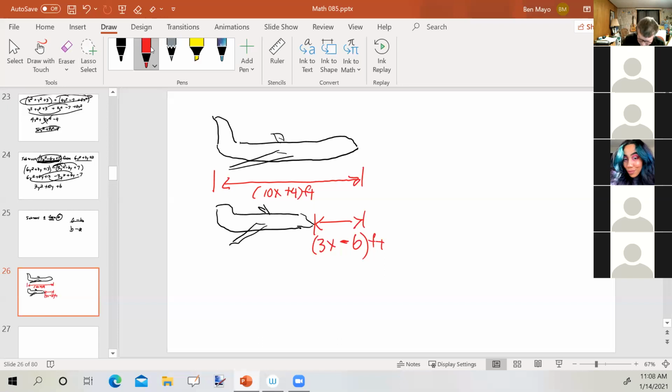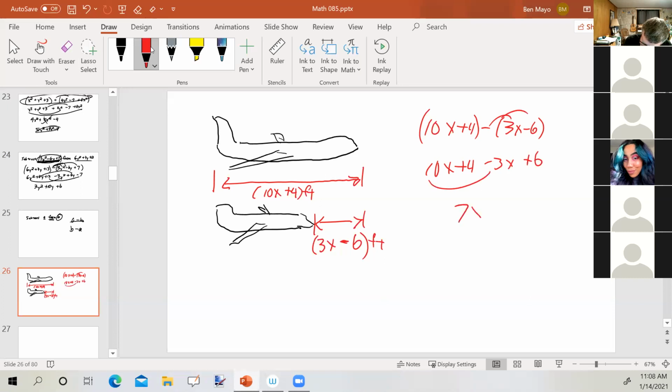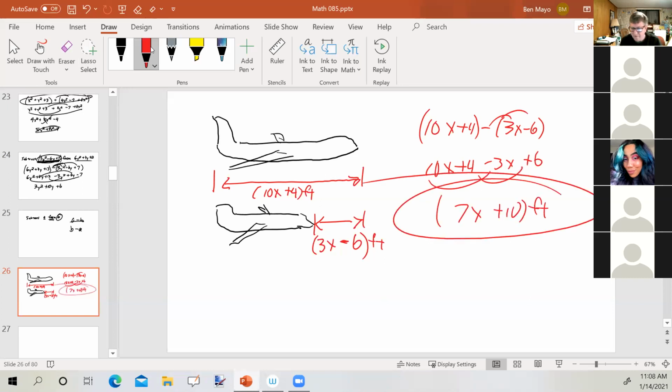So it's going to be 3x minus 6 from 10x plus 4. So 10x plus 4 minus 3x minus 6, like that. So that's going to be 10x plus 4 minus 3x plus 6, which is going to be 7x plus 10 feet. So you see how that's working?